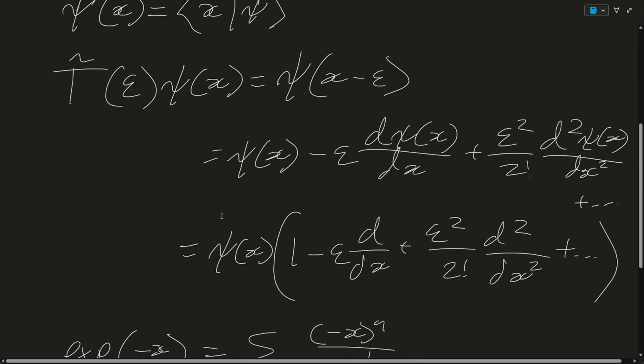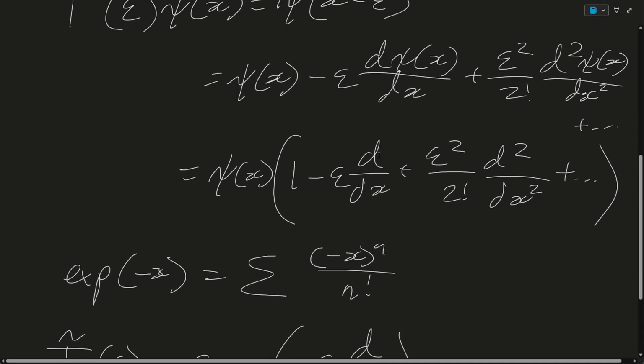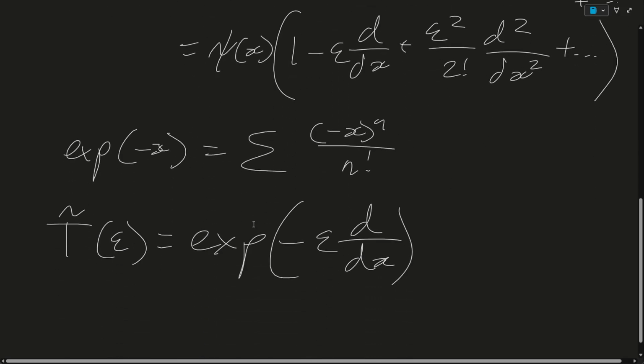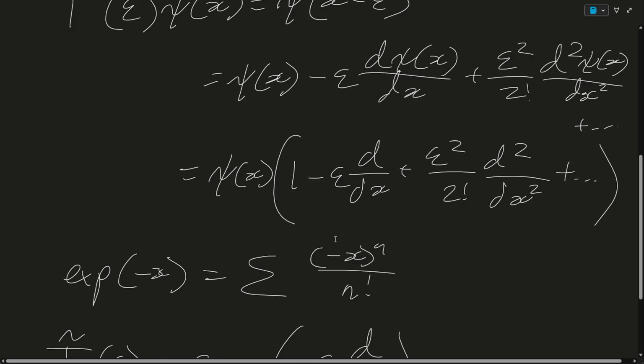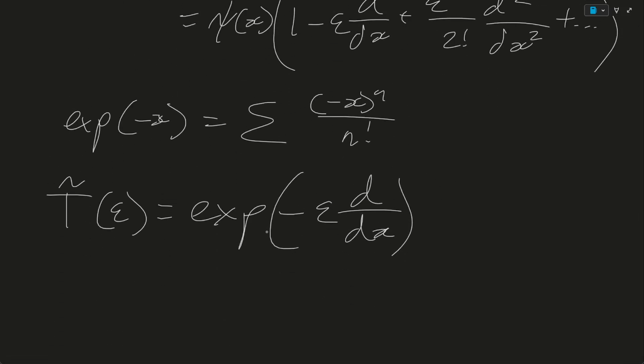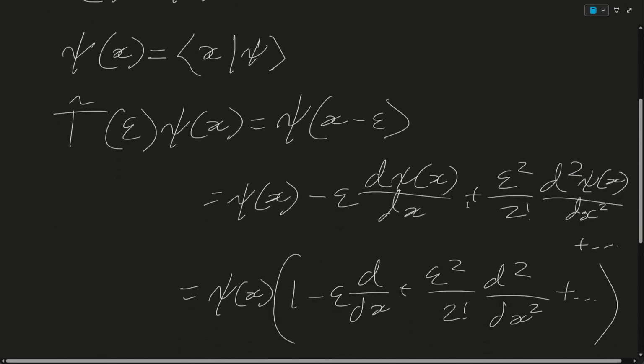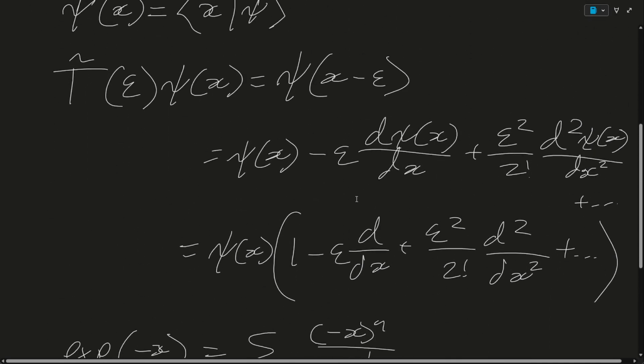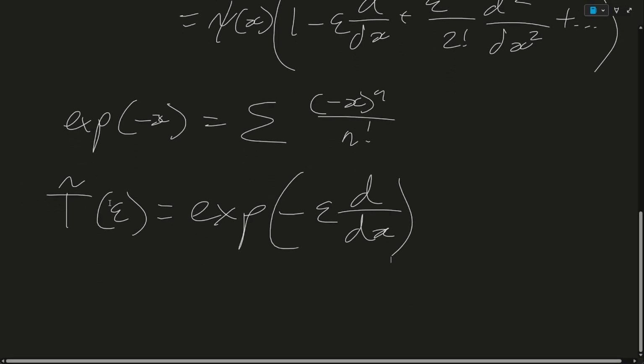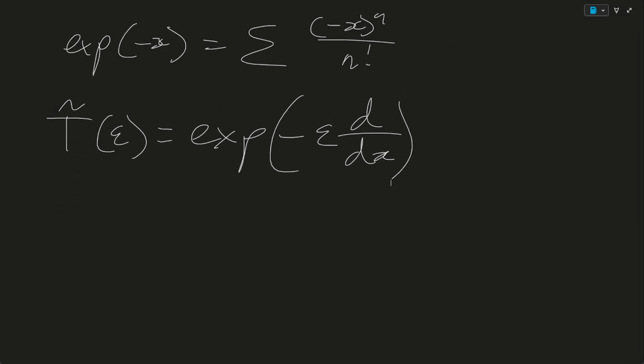Well, how do we know this? Because if you were to compare these two, the zeroth term is just going to be 1, obviously, and this is epsilon d/dx to the 1 over 1 factorial, which is 1, and then over 2 factorial, etcetera. Okay, so at the very least we've managed to see how we can get something out of this translation operator.